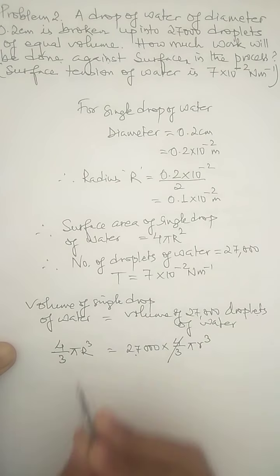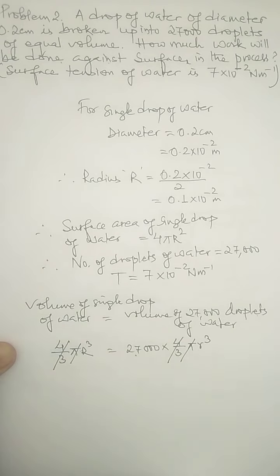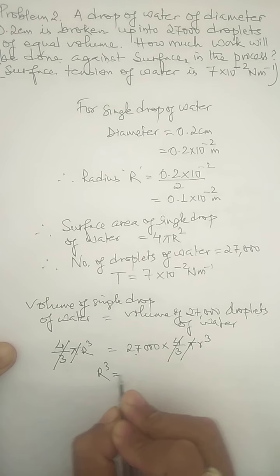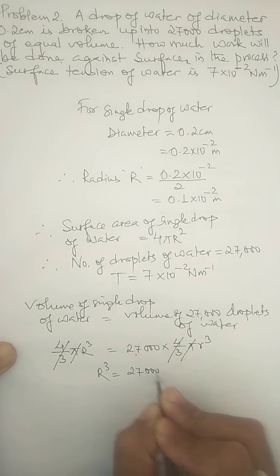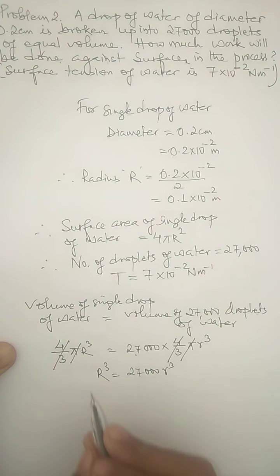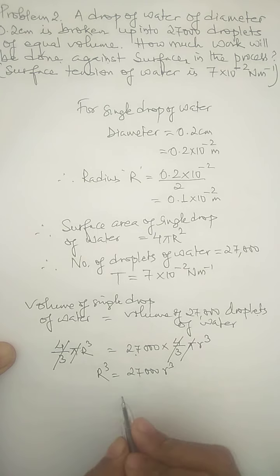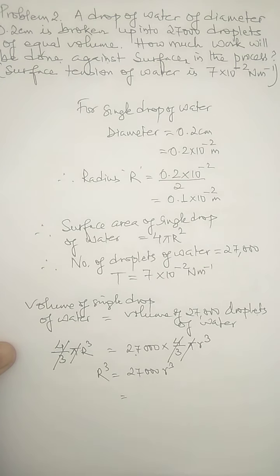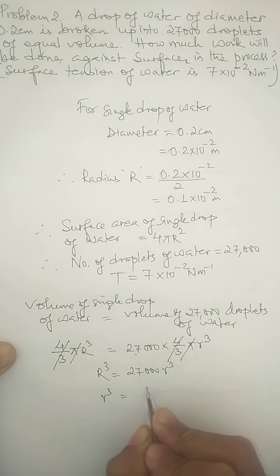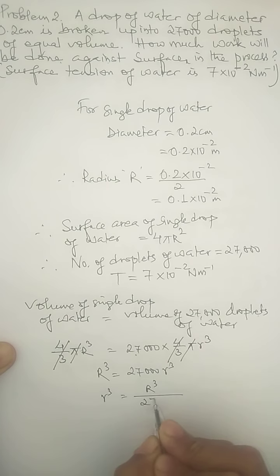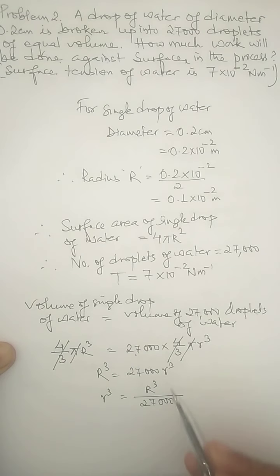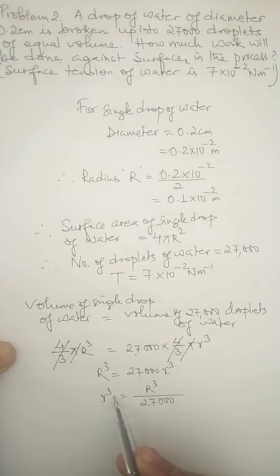Now let me do the cancellation. Pi and pi cancel out, and 4 by 3 cancels too. See what is remaining: R cube equals 27,000 small r cube. Before that, I'll make small r cube the subject. The 27,000 will go in the denominator, so small r cube equals capital R cube by 27,000.